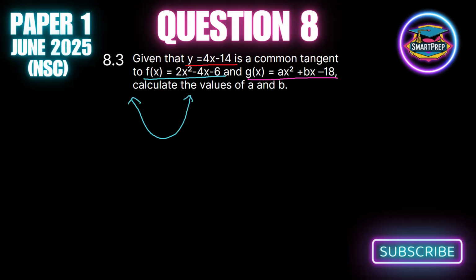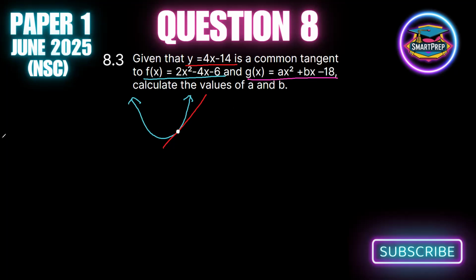Okay, so we have f of x, which is in blue. It's a happy face graph, and they tell us that there's a tangent y equals 4x minus 14, right? Now, that'll be at a point on f of x somewhere here, with the slope of 4.